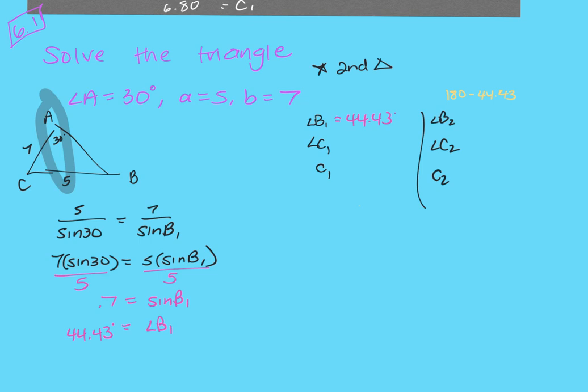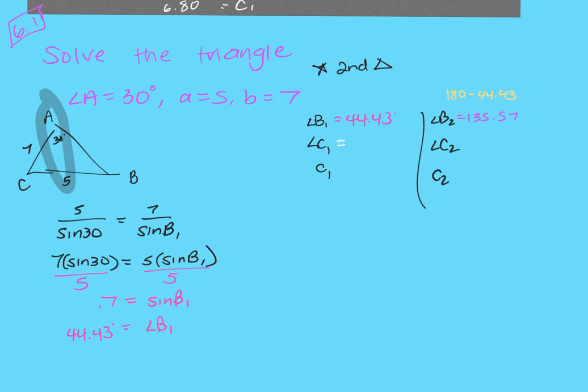So 180 minus 44.43 would be 135.57. Now you can go ahead and check for that second triangle by finding if there's a C2 that's positive, or I can flip back to triangle 1, finish it, and then go back. It doesn't matter what order you do that in. I eventually have to do both.